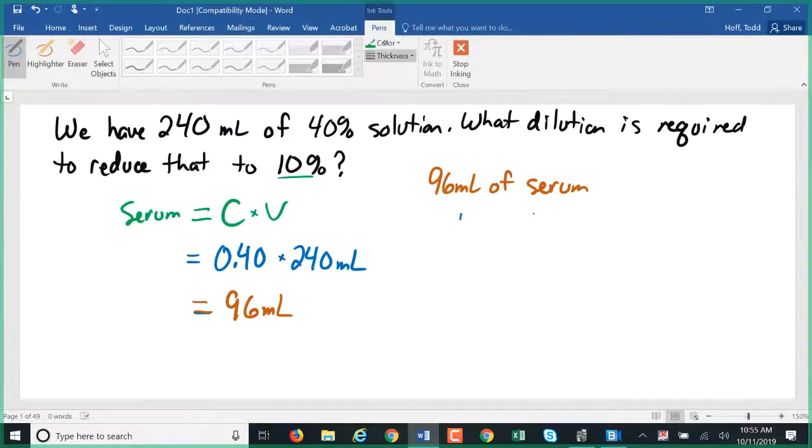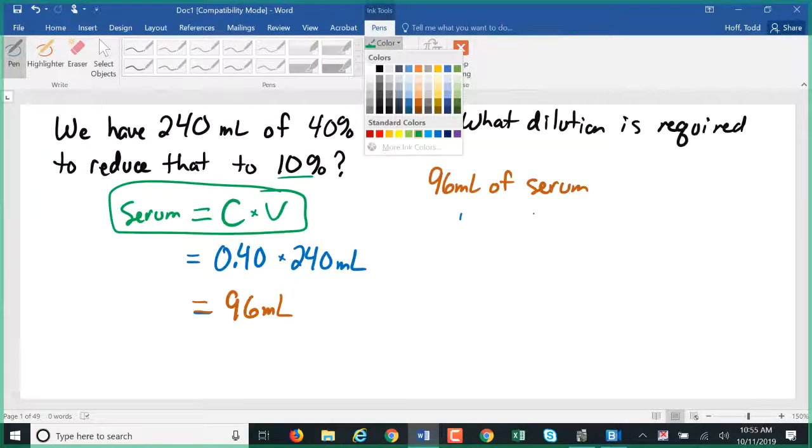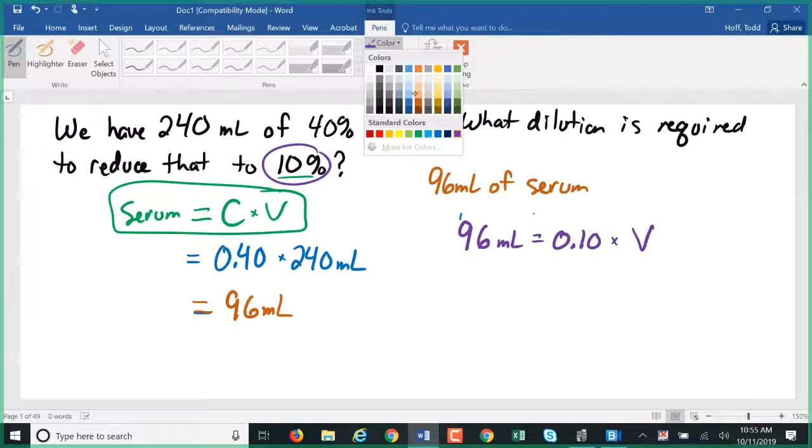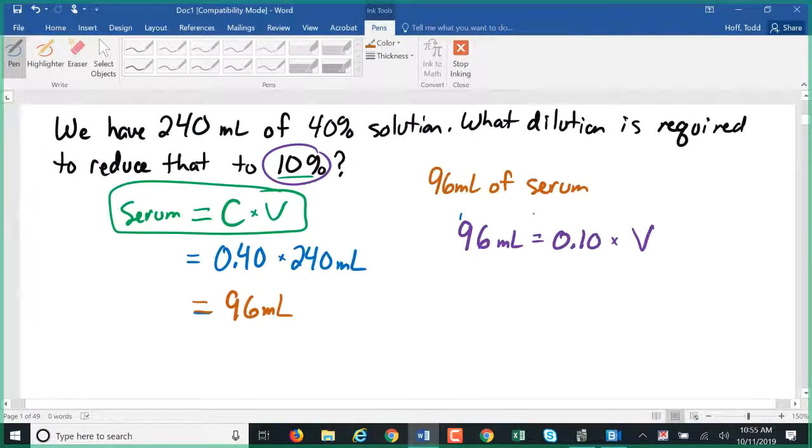We're going to use that same concentration formula, only we know the amount of serum. We're going to change our concentration to 10%, so that's 0.10. We want to know what the new volume is going to be. Well, if we divide by 0.10, that new volume has to be 960 milliliters.